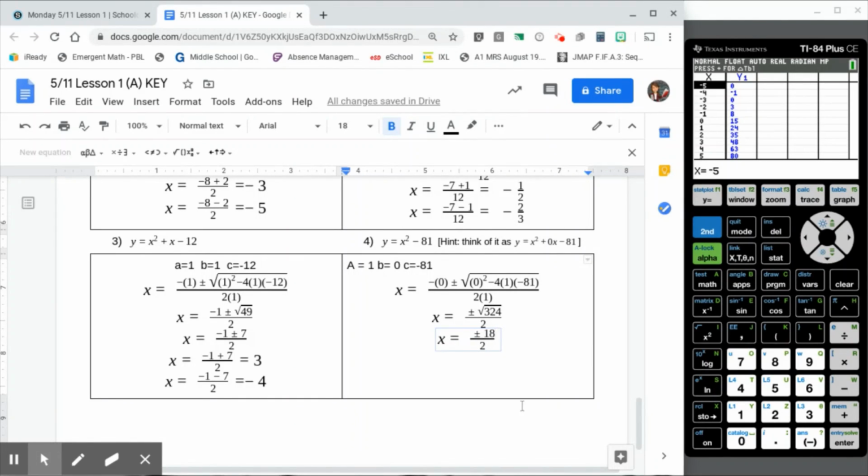Now we split it. So we can have a positive 18, so a plus 18, but we really don't need that plus 18. We know it's positive. 18 divided by 2, which you don't have to memorize because it is on your reference sheet.